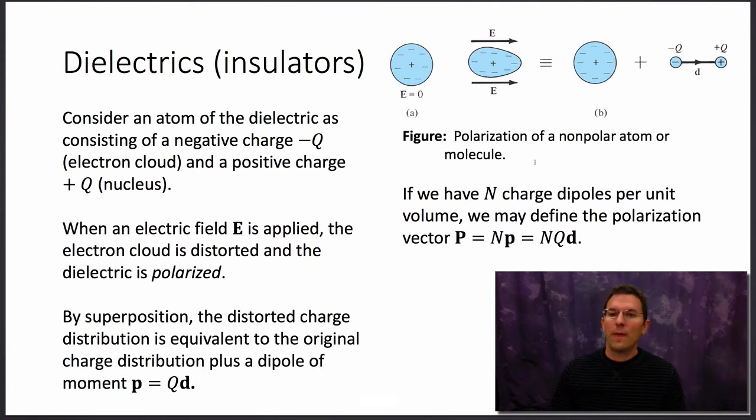Similarly, if the positively charged nucleus and the negatively charged electrons are more weakly tied to each other, in other words, if it's easier to stretch them, then this d will increase.